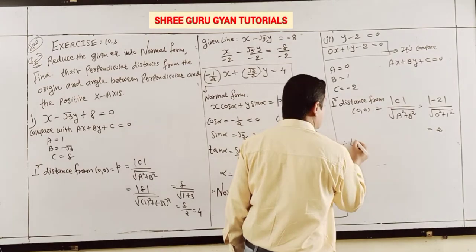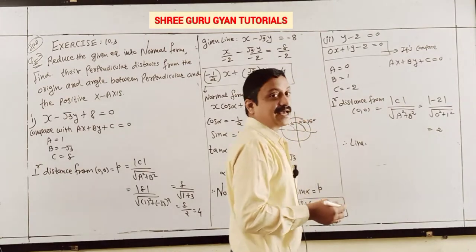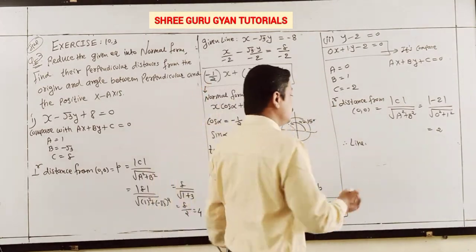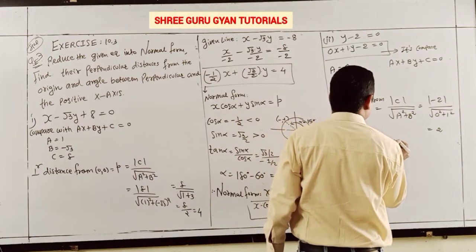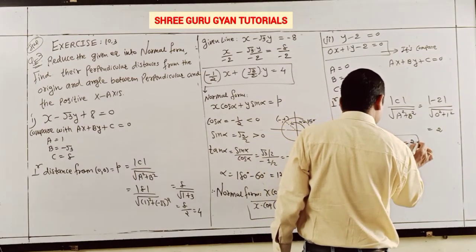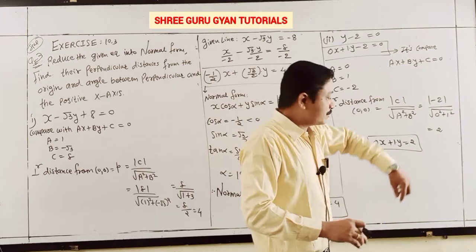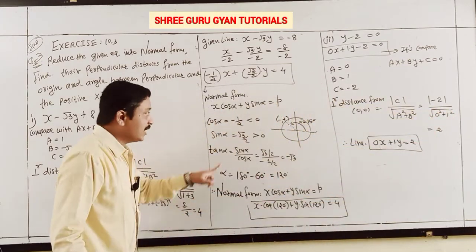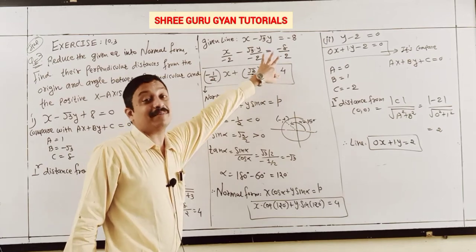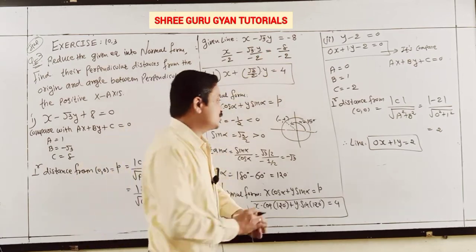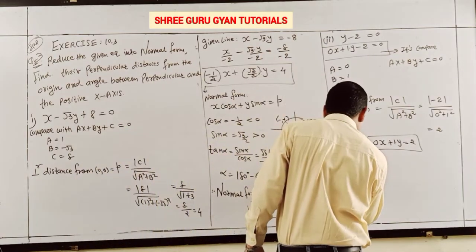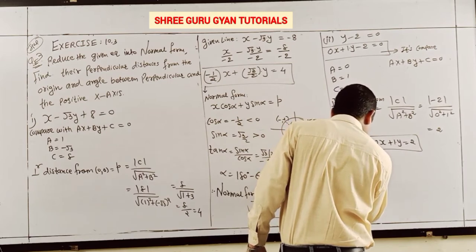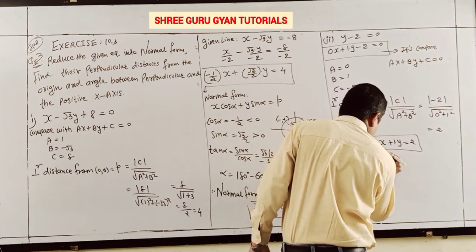So my line, students, is 0x plus 1y is equal to 2. No more calculation is needed, because p and 2 are the same. In the earlier question it was not the same, there it was 4. That's why I took the division by minus 2 to create 4. So I just compare here with the normal form.